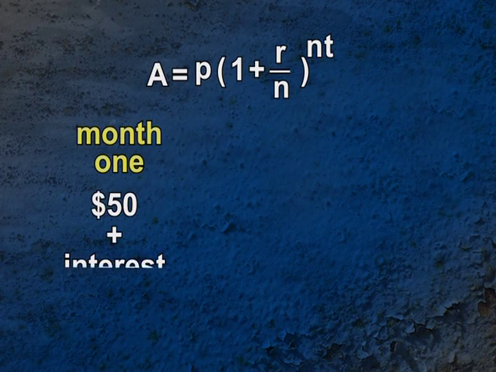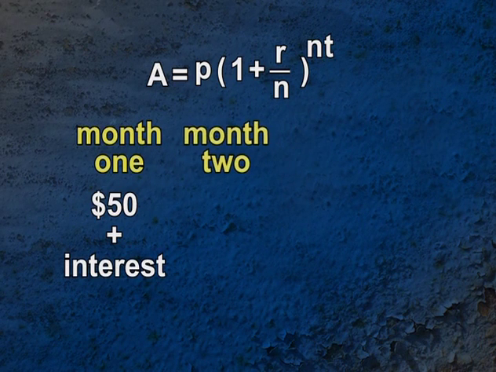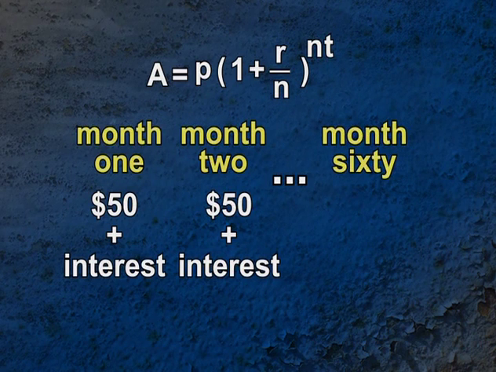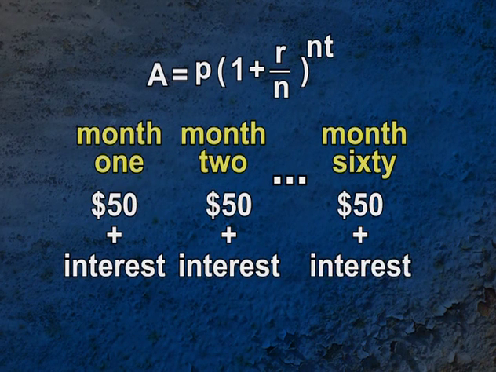In month 1, we have a $50 deposit which earns interest for the entire 60-month period. In month 2, we have a $50 deposit which earns interest for 59 months. And we go all the way down to the last month when we make a $50 deposit and it earns interest for only 1 month.